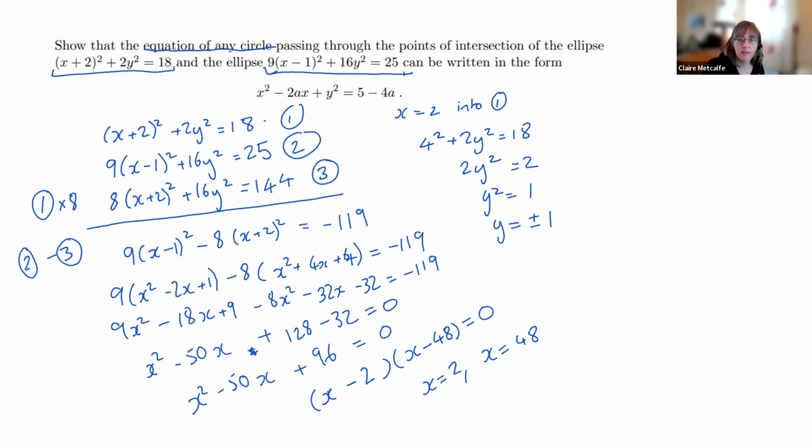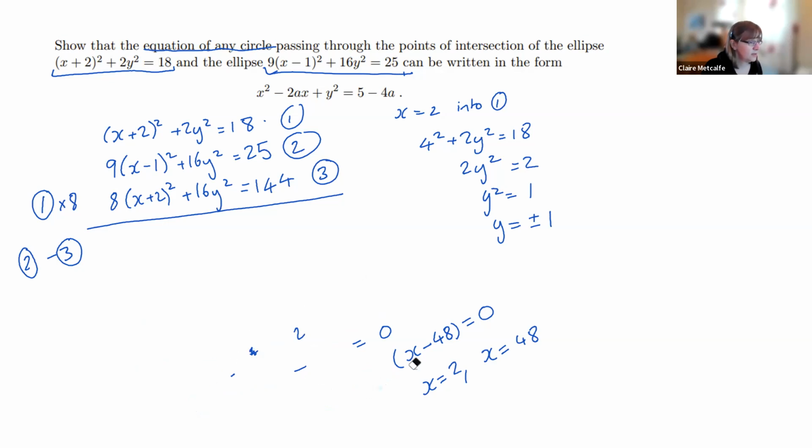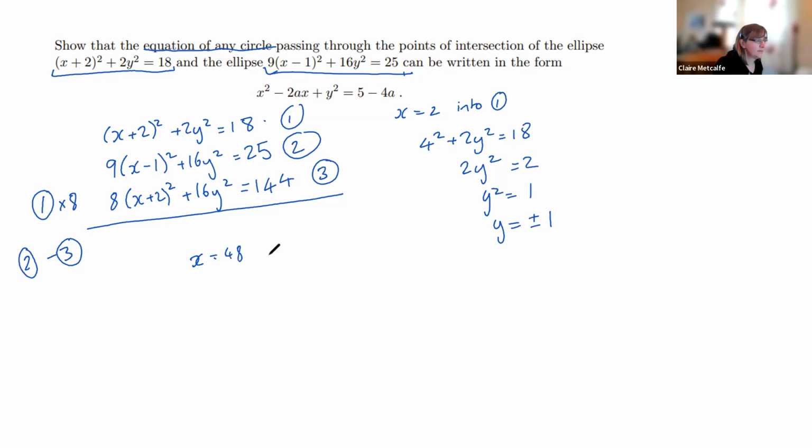Okay, we now need to consider the other equation. So it might be that these ellipses meet in 4 places, or it might be that they meet in 3 places if there's a repeated point of intersection. But let's just check our other value of x, which is 48, before I delete it. Okay, so let's substitute x equals 48 into 1.